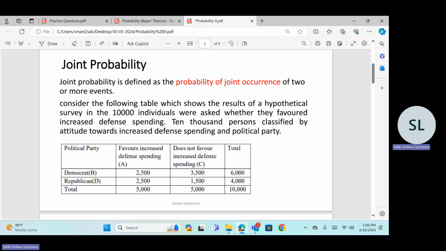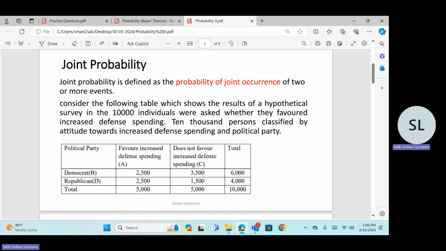We are taking the probability value of two events, or more than two events. They favored increased defense spending and their political party is Democrat. What is the probability? We join these two events together. What amount? 2,500 out of 10,000. Normally in probability, we write the probability value as a fraction.